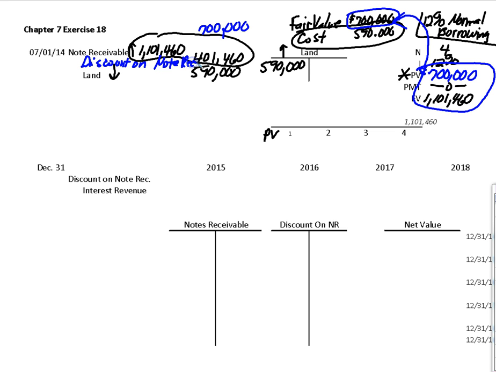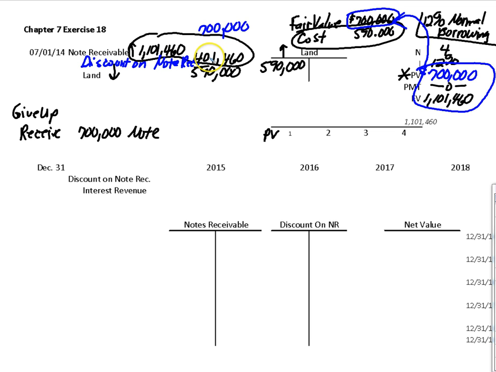Again, we're the debtor and not the creditor. Okay, so we have the discount on note receivable. We're still not in balance. Well, we're not in balance because let's compare what we gave up and what we received. We received a note worth $700,000, and we've just netted that in these two accounts.